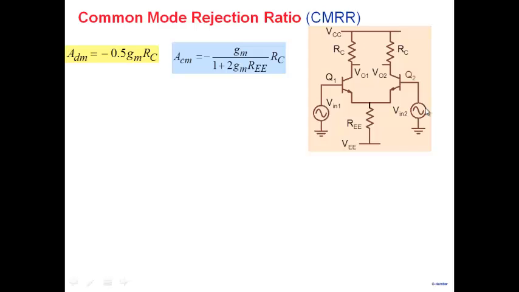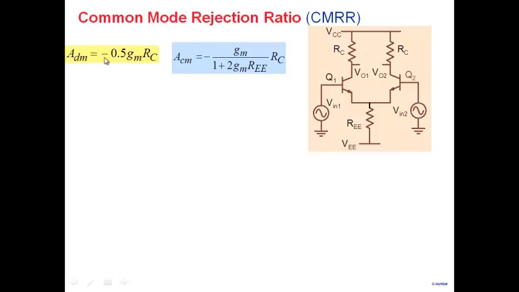All right, so let's look at our differential pair then. We have two gains. Differential mode gain is 0.5 GMRC and common mode gain is GMRC divided by 1 plus 2 GMRE. As I said, a unique characteristic of differential amplifiers is that they amplify the difference of the two signals and they're supposed to reject anything which is common between them.